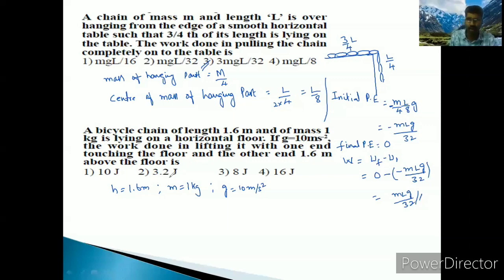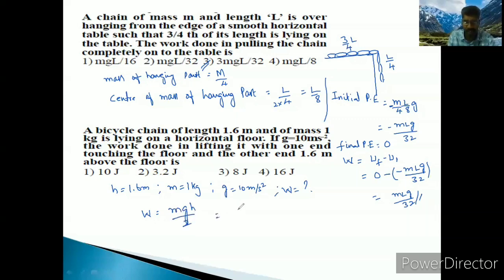Two bodies are in contact. In that case, whenever an object is in contact with another one, the mass is divided into two equal parts. So work done is equal to mgh by 2.